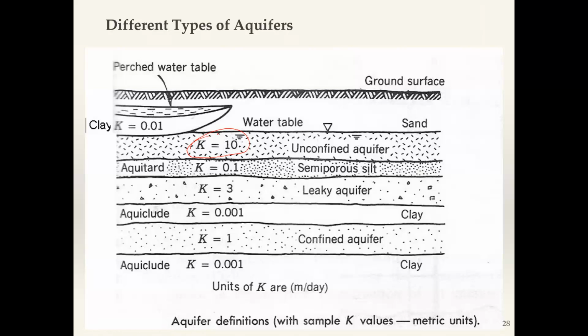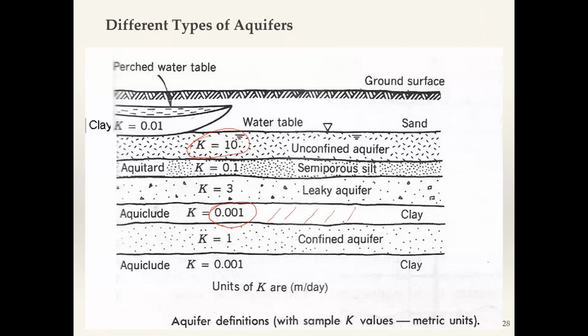But if you consider the clay, now you can see it is like 10,000 times less, right? So that is why clay is not considered as an aquifer formation. It is considered as an aquiclude or an aquitard, right?